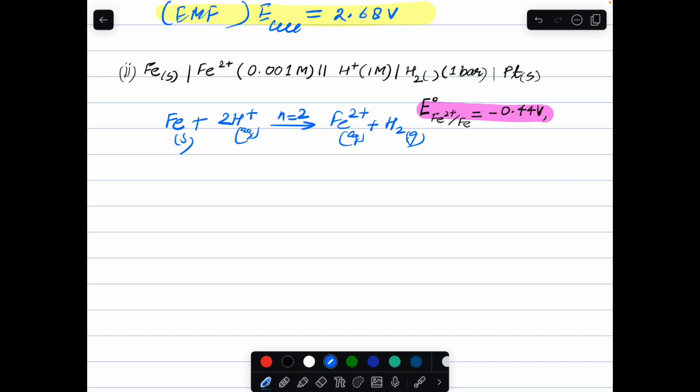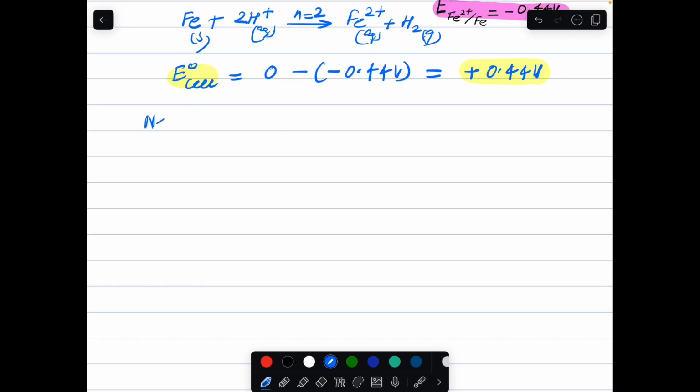We will calculate in the same manner as we did in the last case. Your standard cell potential will be, for the hydrogen electrode, the value of cell potential is 0. So 0 minus 0.44 volt will give you a value of plus 0.44 volt. This is the value of your standard cell potential. Now we will write down the Nernst equation.